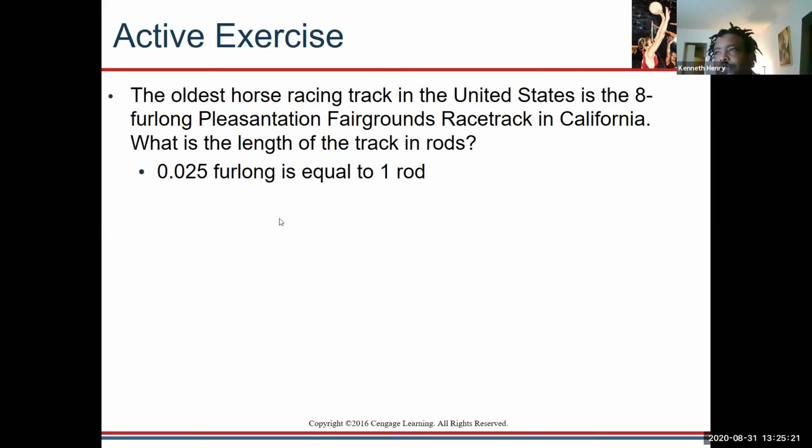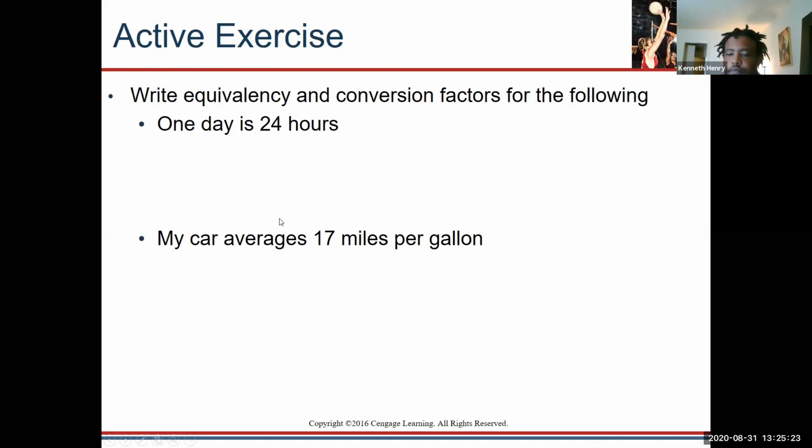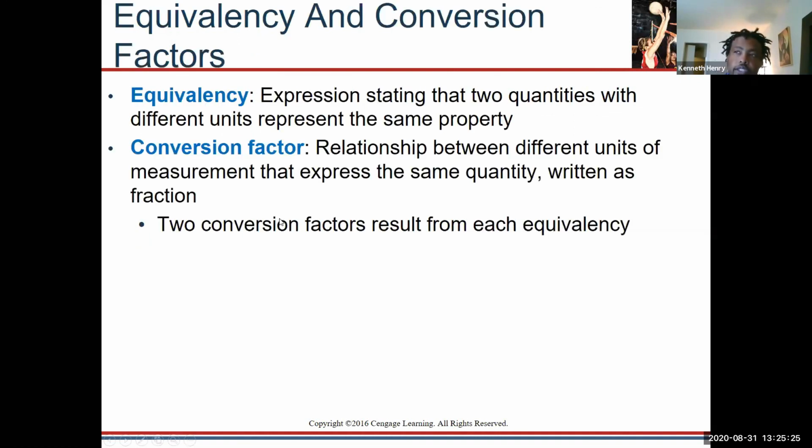Okay, so let's move on. We know that 60 seconds equals 1 minute. That was an equivalency. Since we have that equivalency, we can adjust it any way that we need to.